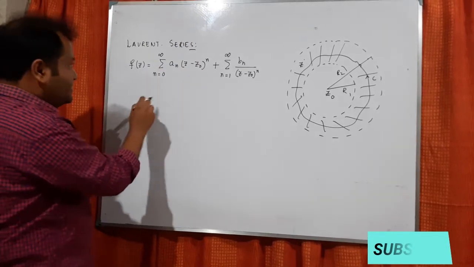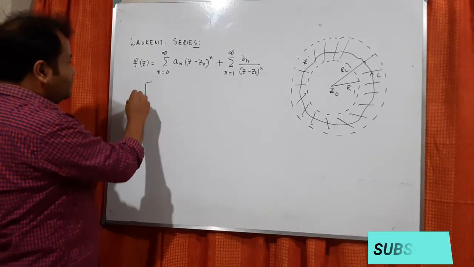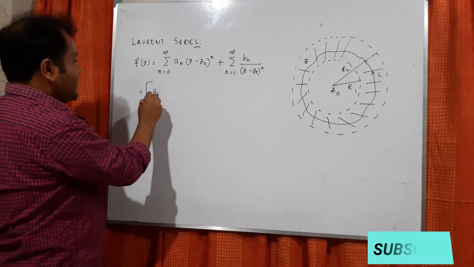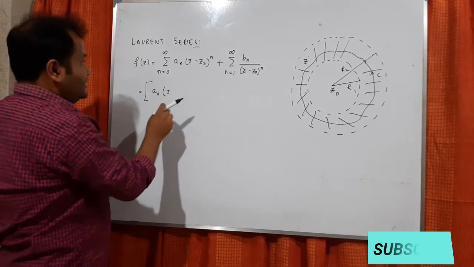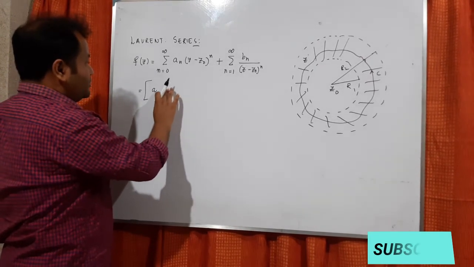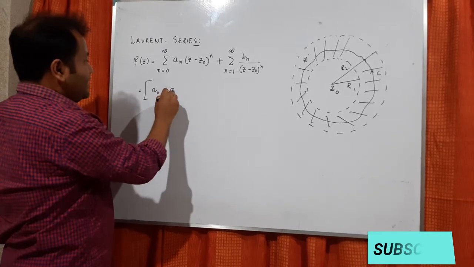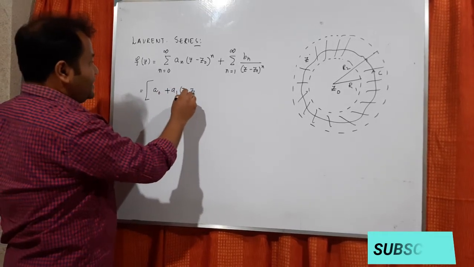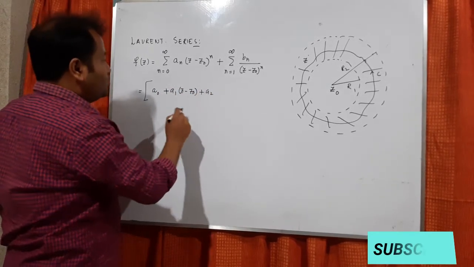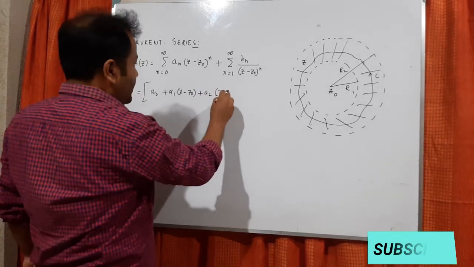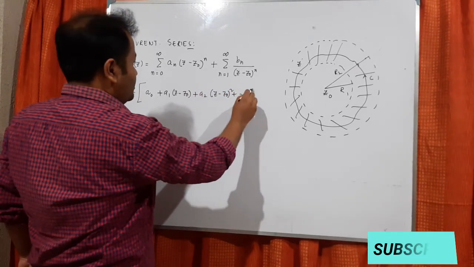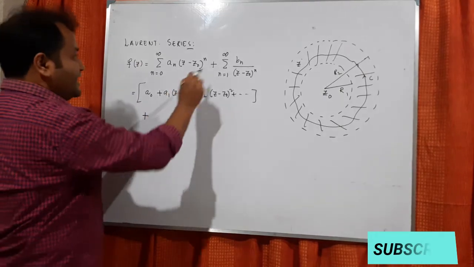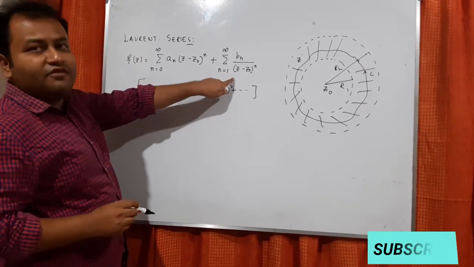So if I just write this out, what is the meaning? If you look into the first term, this is a0 (z minus z0) power 0, so this will be 1, plus a1 (z minus z0) plus a2 (z minus z0) square and so on. Plus the second infinite series.